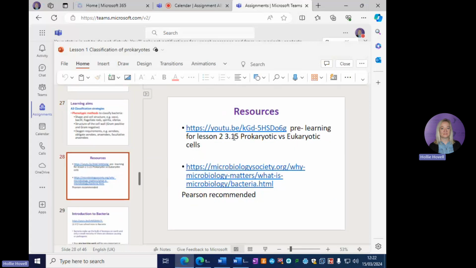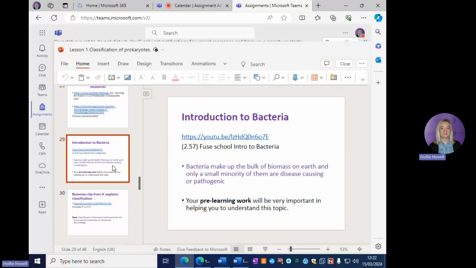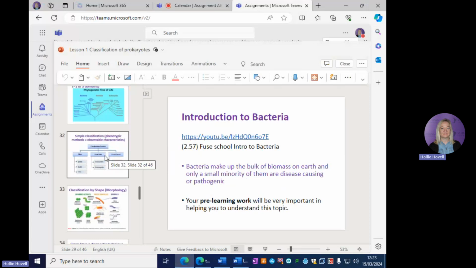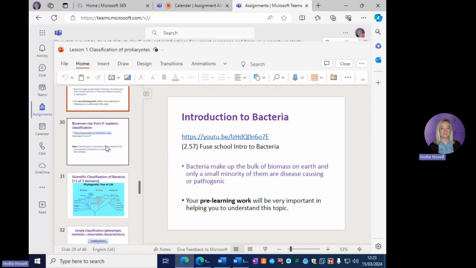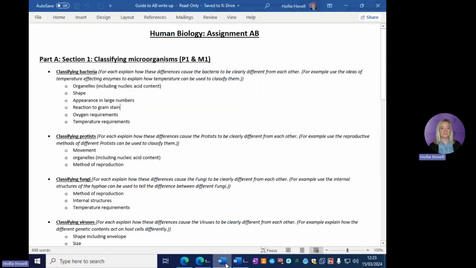There's some resource links here as well that you might want to click on and get information from. You've got a video there, which is good. I don't think you've got anything more about organelles here, so you might want to just use that diagram that I showed you and look up all of those parts to enable you to write your paragraph all about the organelles. The next section you're going to write about is the shapes.